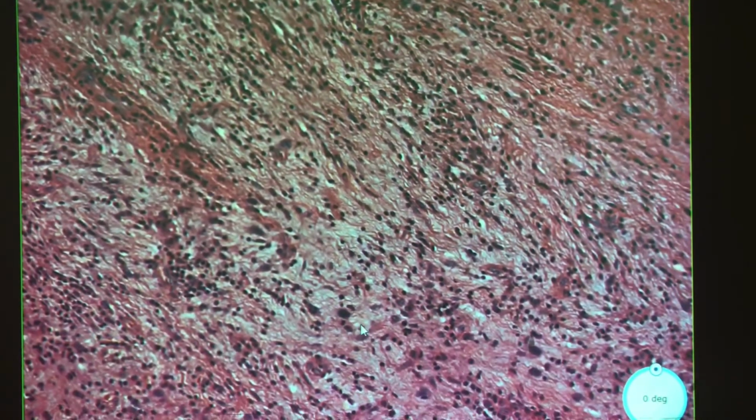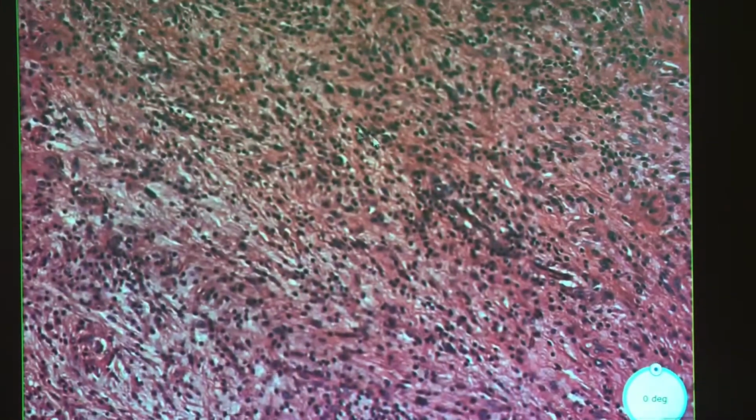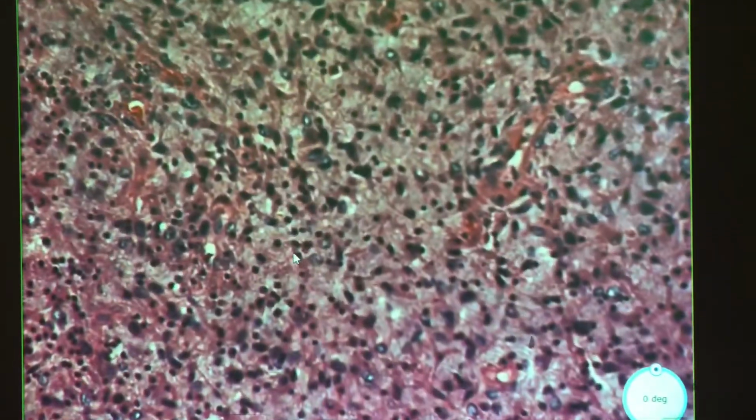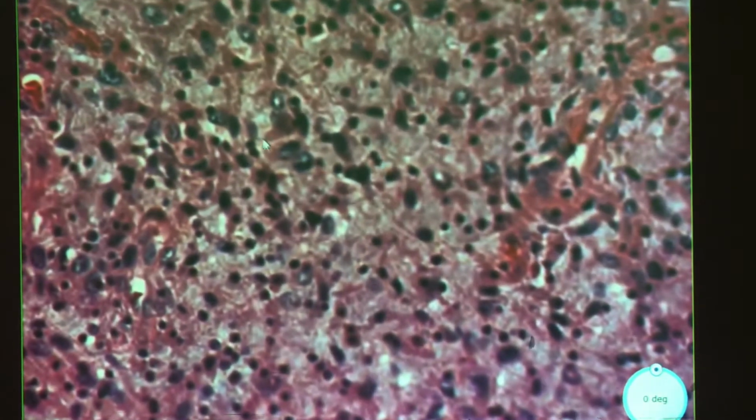So we're going to go into other areas where we start seeing some rather large atypical looking cells, maybe a little myxoid change, and somewhat of maybe an inflammatory background. It's kind of hard to tell, but whatever's going on with this lesion, it's kind of blurry, which might just be the resolution it was scanned at.